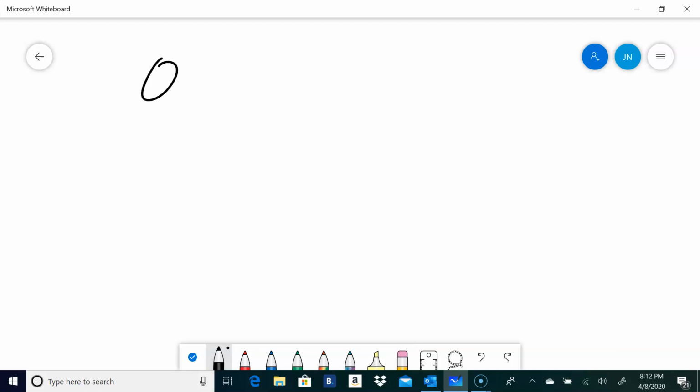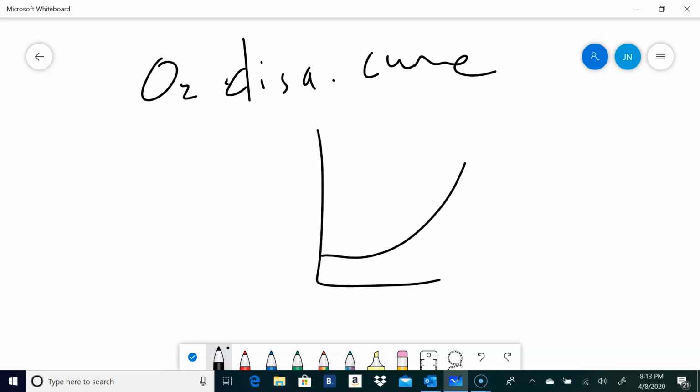Another thing we talked about is the oxygen dissociation curve. You look at the pictures in your slideshow.